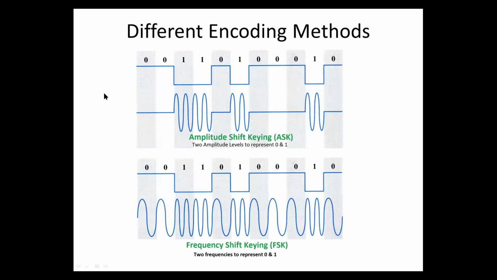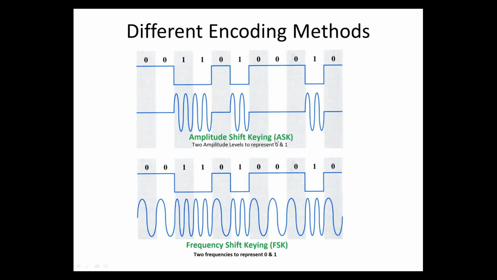And there are different encoding methods. There'll be questions on the test about this, but from a conceptual standpoint, it's just understanding that there are different ways of encoding these ones and zeros that are used for different applications and situations. One of them is amplitude shift keying, ASK.